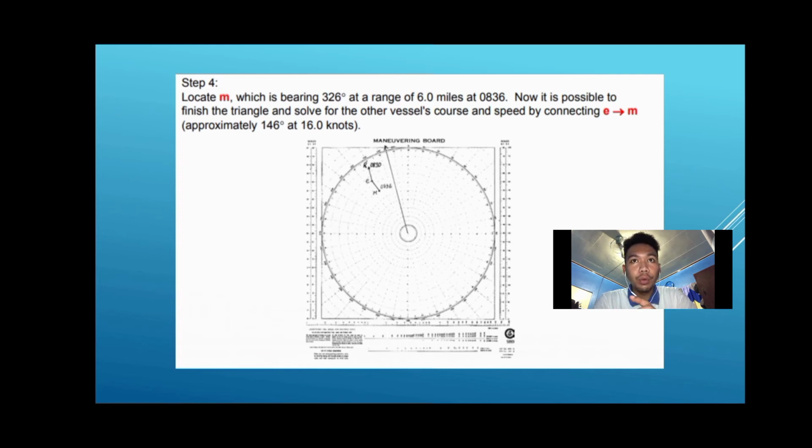The bearing of the M is 326 and the range is 6 miles, so we are going to have 6 circles. So 1, 2, 3, 4, 5, 6, and then 6 miles at 326 degrees bearing. So we will mark it as the M. So we now have the E to M.